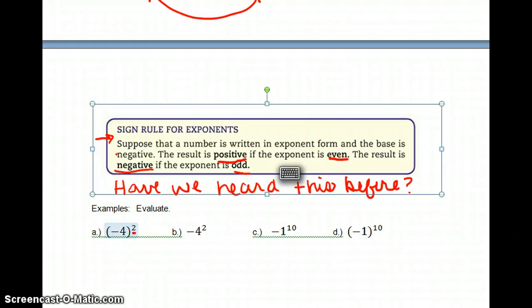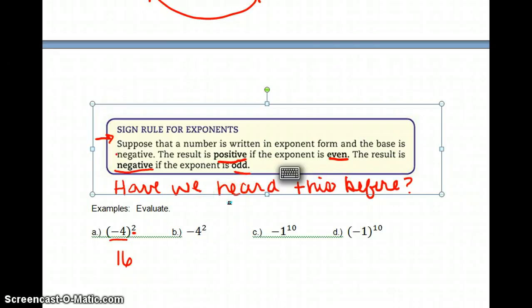Now, there are some helpful ways to remember the order of operations. A lot of people remember it by remembering the acronym, Please Excuse My Dear Aunt Sally, where each letter in that phrase represents an operation in the order of operations. So the P is your parentheses, exponents, multiply, divide, add, subtract.